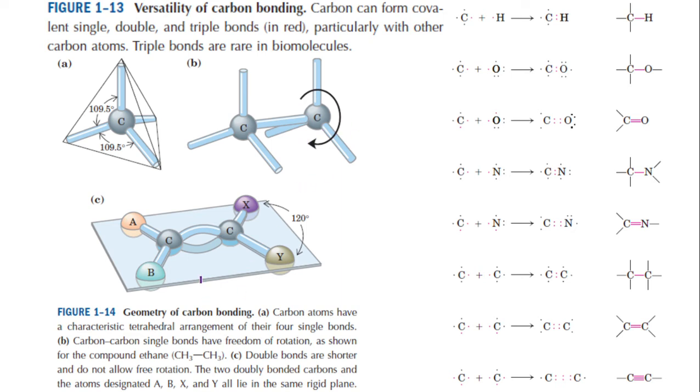And double bonds are actually shorter, and rotation is not possible around a double bond. For example, this configuration is fixed for these atoms because this double bond does not permit any rotation of this carbon on this axis, and the double bonds are shorter also.